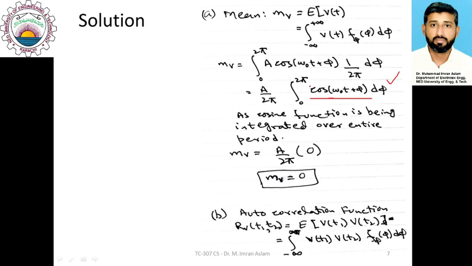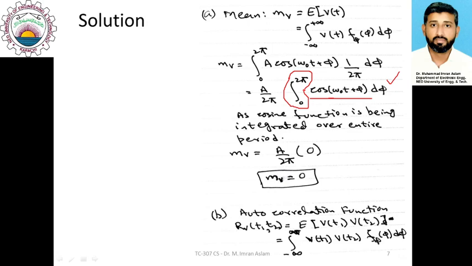Cosine is a very simple function. You can easily calculate its integral. The integral of the cosine function is the sine function, and then you can substitute the limits. You would see that the result comes out to be 0, because the cosine function is symmetrical: it has a positive half cycle and a negative half cycle, and whenever we integrate it over an entire period of the function, which is 2 pi, we encounter a positive half cycle and a negative half cycle.